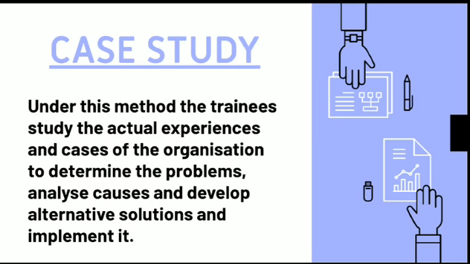The trainees analyze the causes behind each problem, develop solutions, select the best alternative, and then implement it. The actual problem is taken as reference, studied and solved. This is how training is provided in case study, away from the workplace.